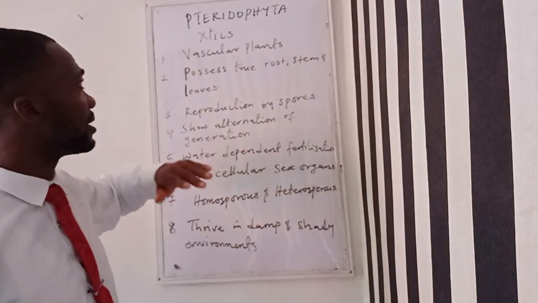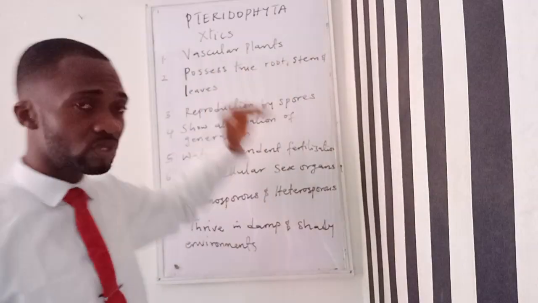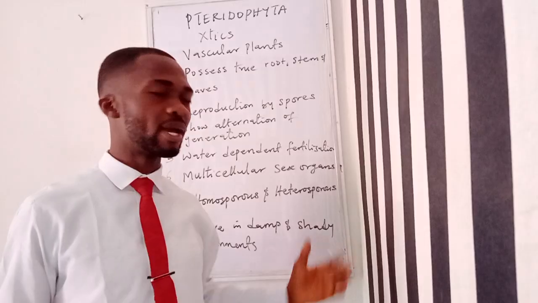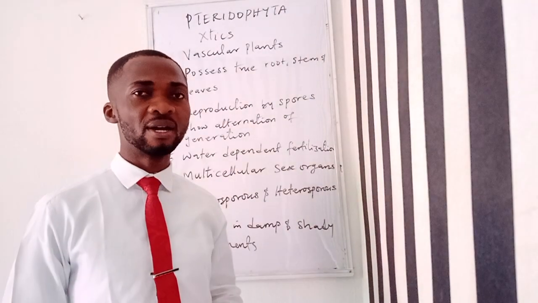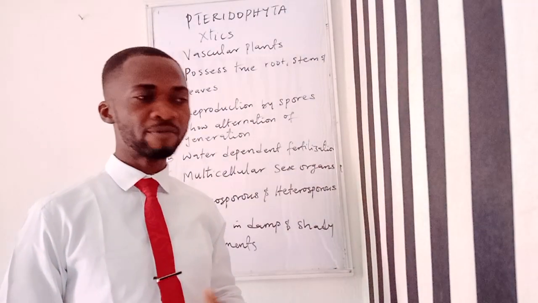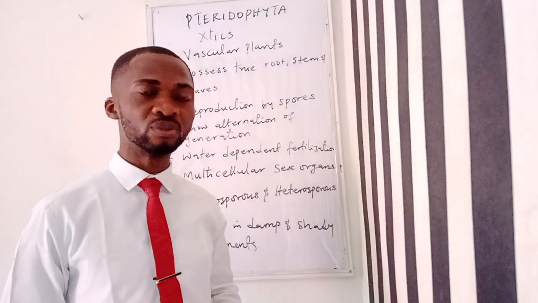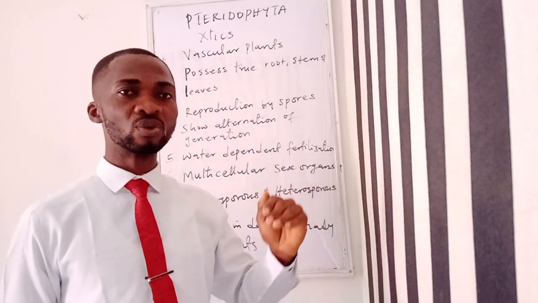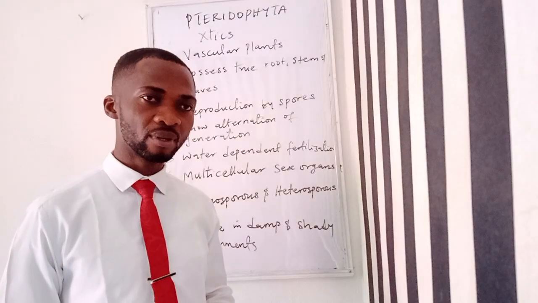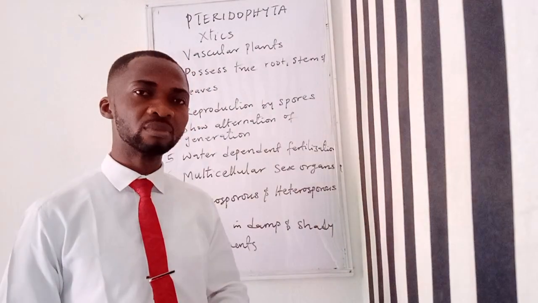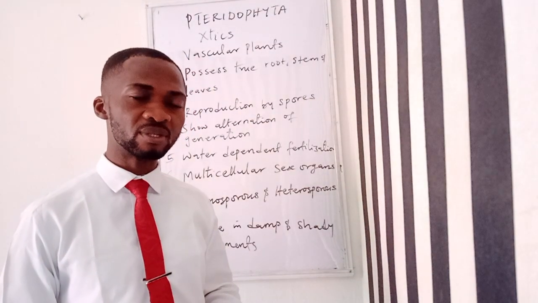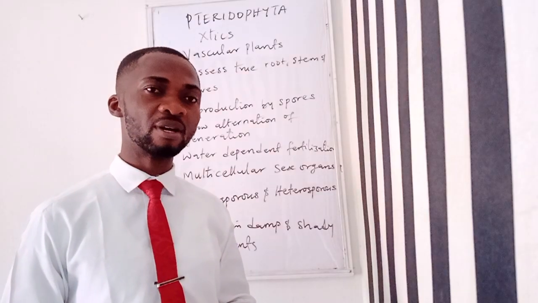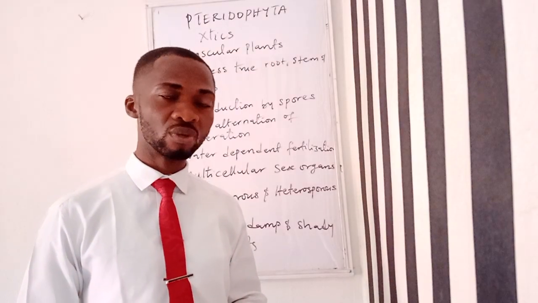This is the first group of the higher plants. And when we say lower and higher plants, there are several factors that could be used to differentiate plants from the lower one to the higher one. One of those factors is the presence or absence of the vascular bundle or the vascular tissue.